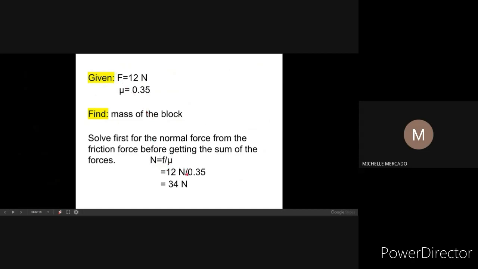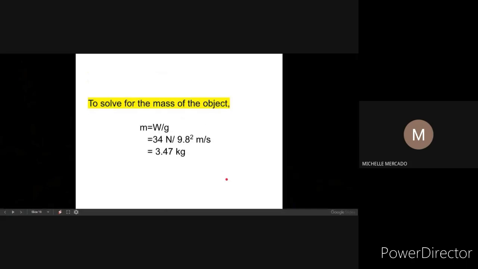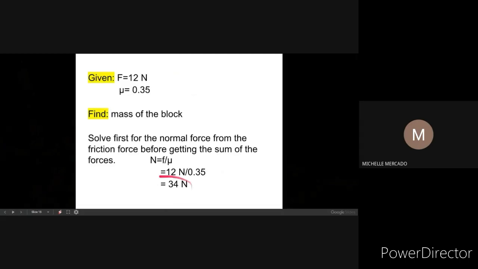So 12 Newton divided by 0.35 is equal to 34 Newton. Okay, so we got the normal force. Now we're going to find the mass of the object. So mass is equal to weight divided by gravity. So transpose the 34 Newton that you got.